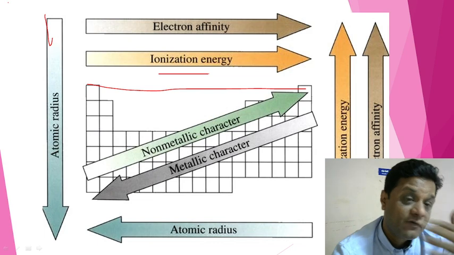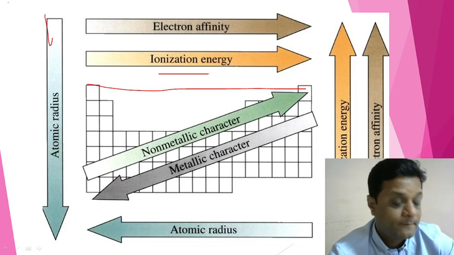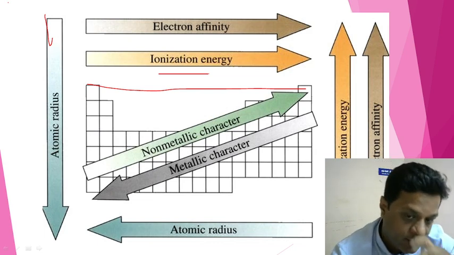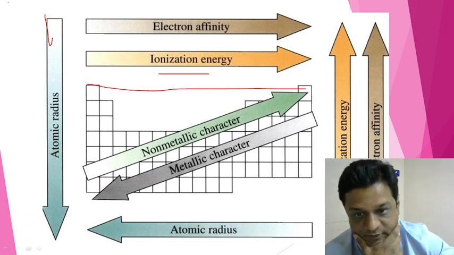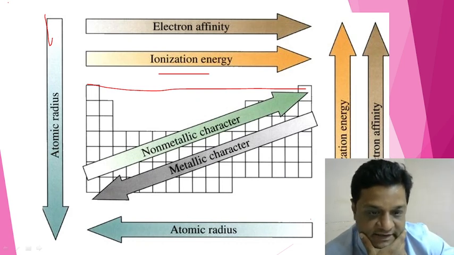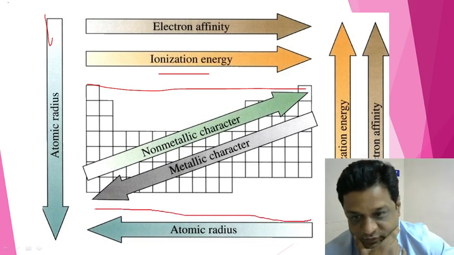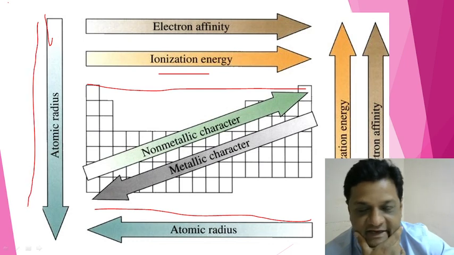That is, more energy will be required for forming the ion. Atomic radius decreases from the last group to the first group. From top to bottom, atomic radius increases.